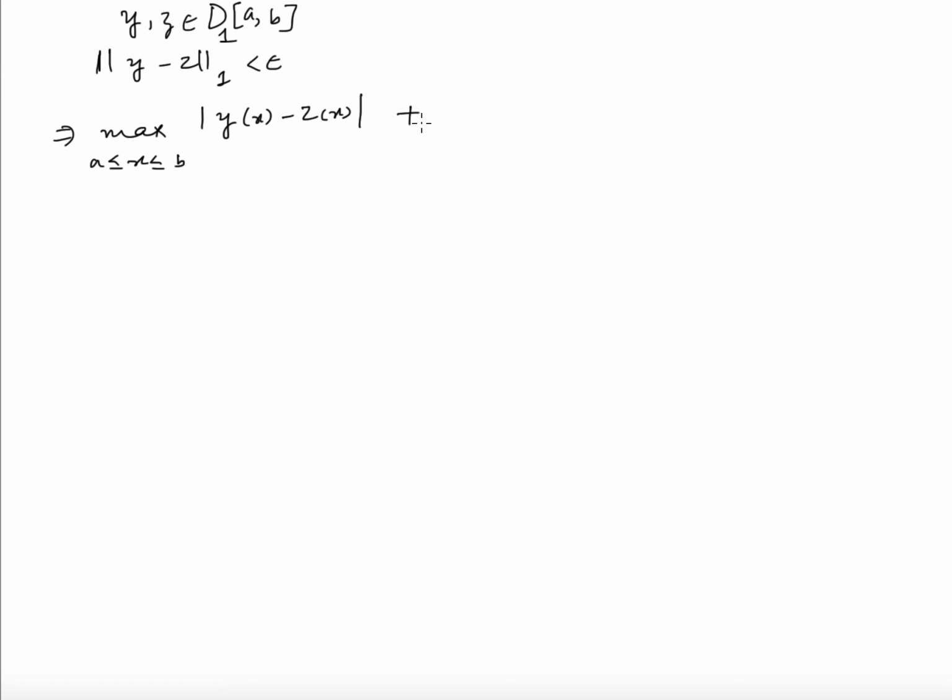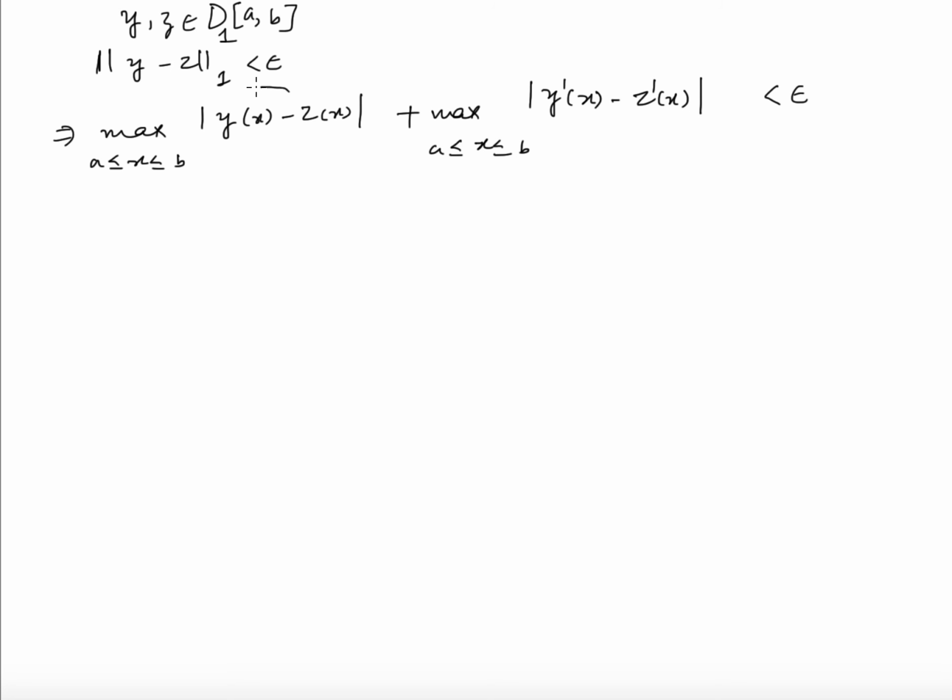Suppose we have two functions y and z in this space D1[a,b], and I want to know when the norm of y minus z is less than epsilon. What does that mean? It means, by how this norm is defined, the maximum over a ≤ x ≤ b of |y(x) minus z(x)|, plus the maximum over a ≤ x ≤ b of |y'(x) minus z'(x)|, and I want this to be less than epsilon.